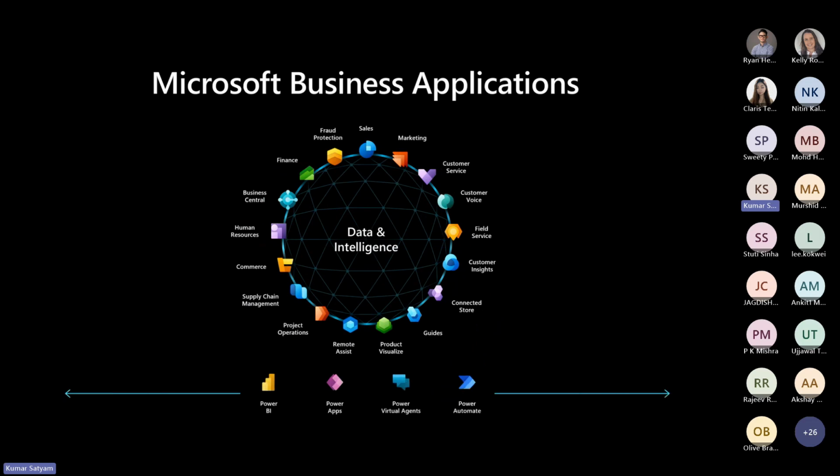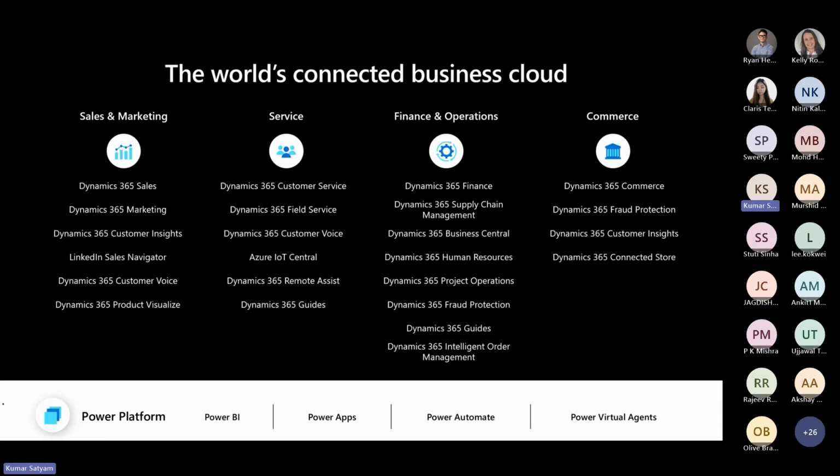This is what I was talking about. These are the different apps, biz apps as we call them, which are on offer from Microsoft. And at the bottom, if you see, they are all being handled with the analytical tool called Power BI, as Kelly was mentioning, and Ryan also was mentioning, which has been listed down here, right?